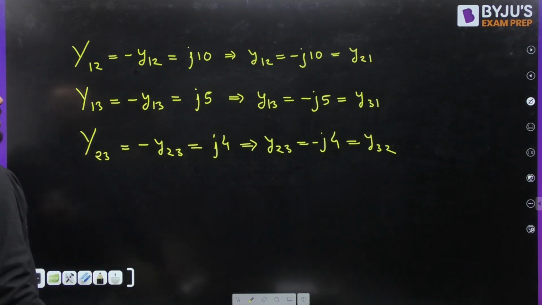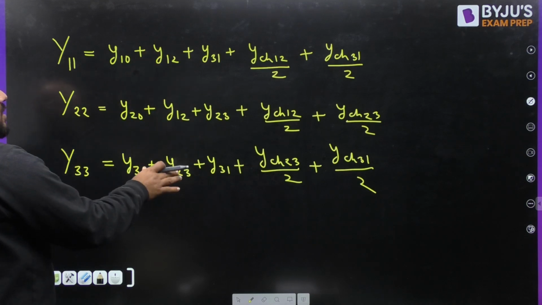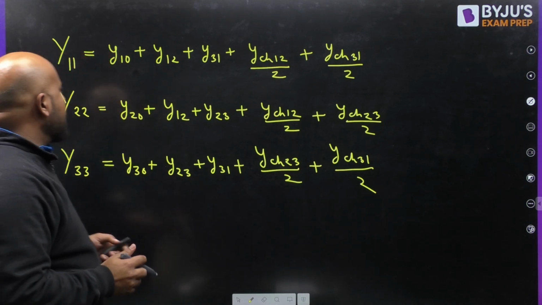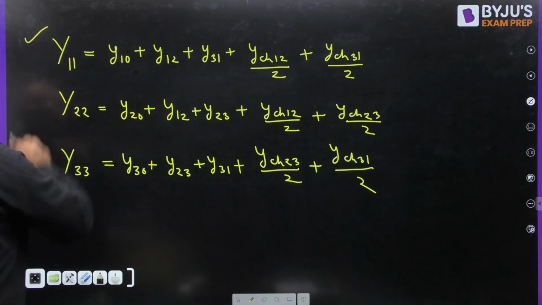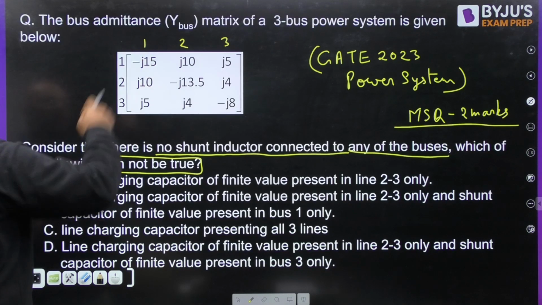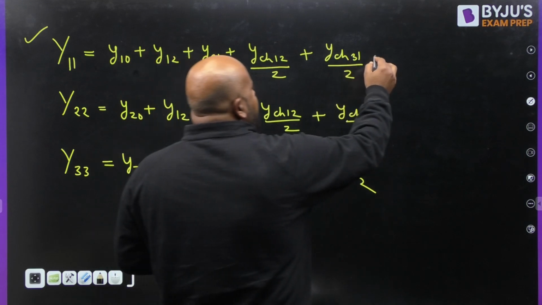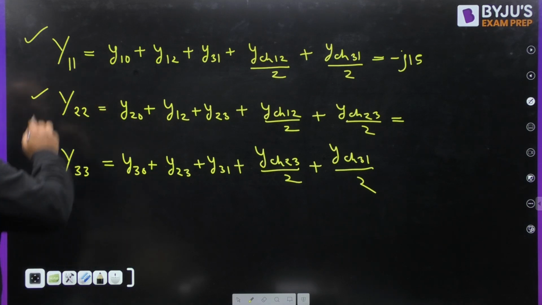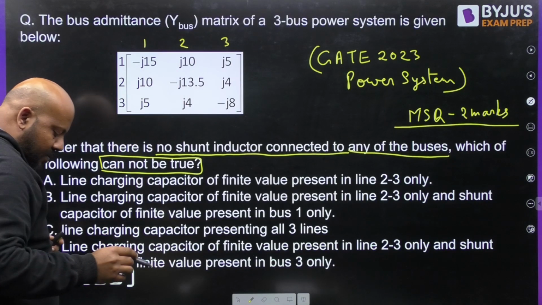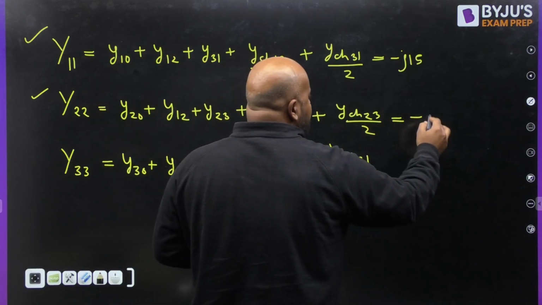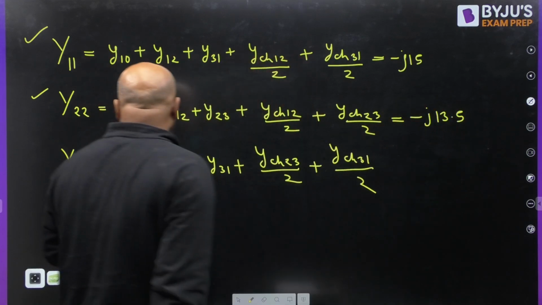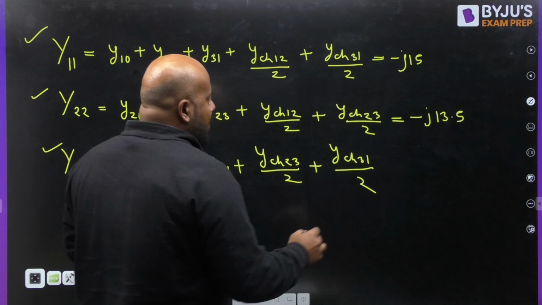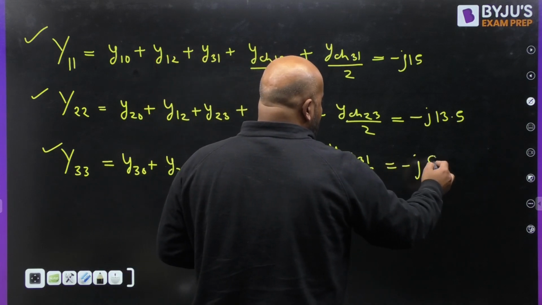Okay. Now these values I am going to put in these equations, and let us see what condition we are getting for these line charging capacitances. So for the first equation, if I am going to put, what is this y11? As per the matrix, y11 is minus j15. What is y22? y22 is minus j13.5. What is y33? y33 is minus j8.